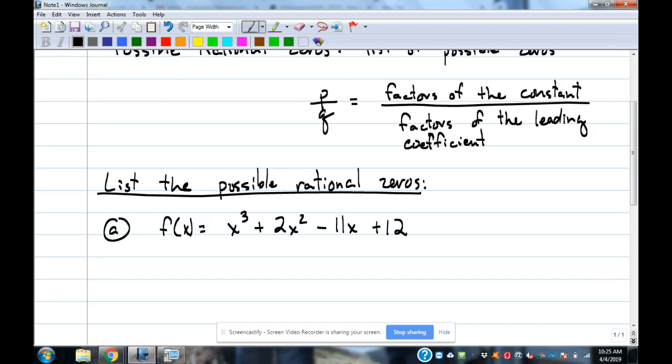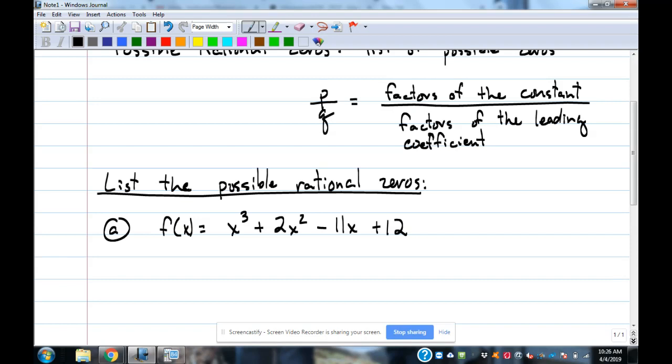and then look at what's left and create your list from that. So when we look at the constant, for thinking about our P over Q list, our list of possible rational zeros, which part of that polynomial is the constant? Which one doesn't have a variable? 12. 12 doesn't have a variable.